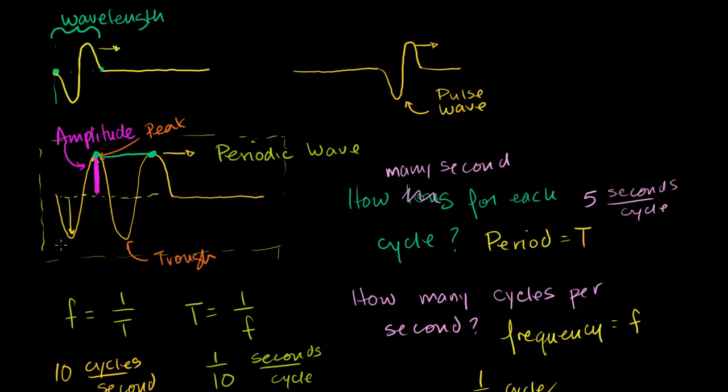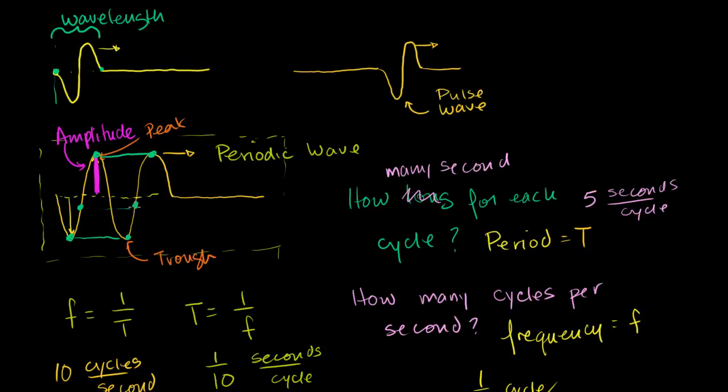Or you could view it as a distance from one trough to the other trough. That's also the wavelength. Or in general, you can view the wavelength as the distance between one point on the wave and the next exactly equal point, where you complete one entire cycle to get exactly back to that same point.